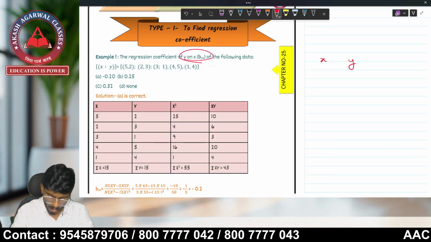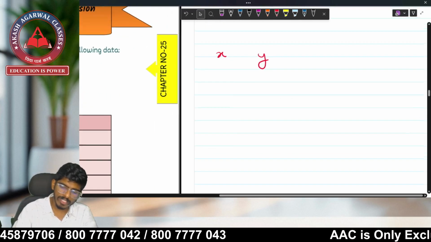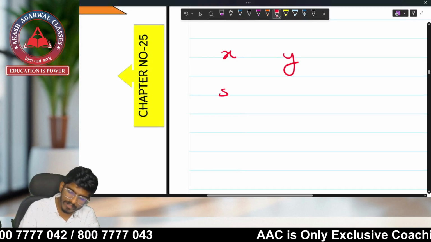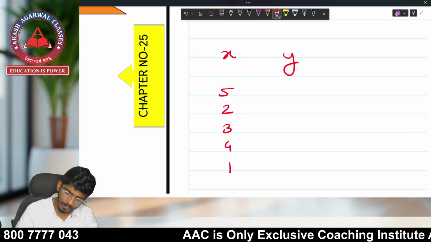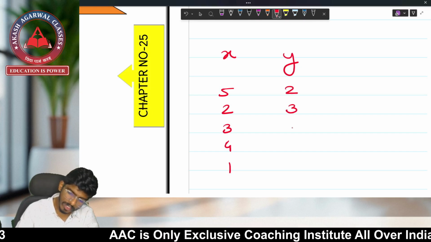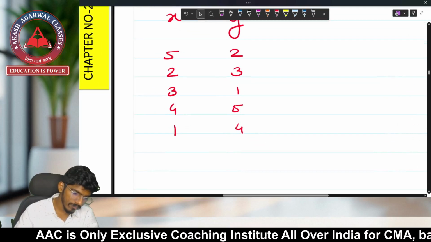Whichever is easier for us, we can use. So now I'll make two columns, x and y. They have given me x is 5, 2, 3, 4 and 1. Y is going to be 2, 3, 1, 5 and 4.